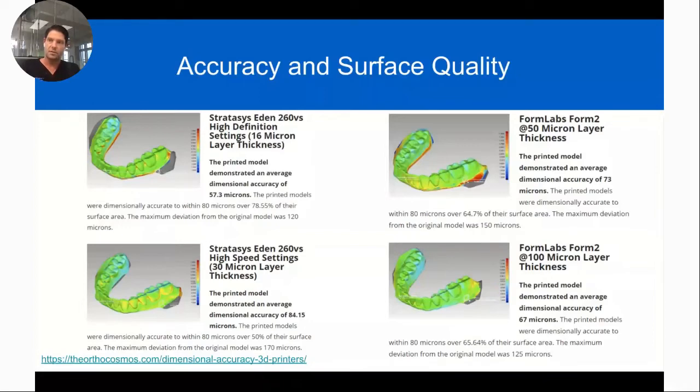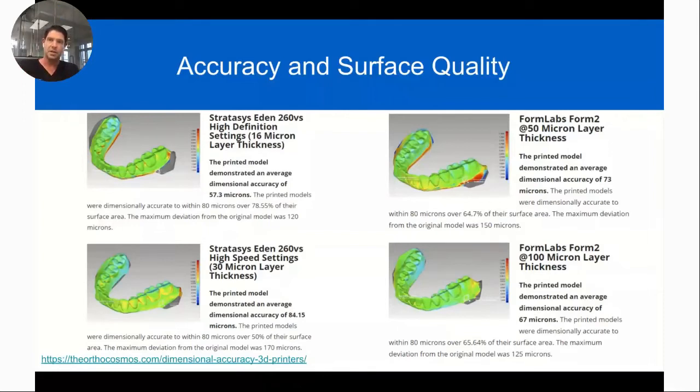So if you're off, let's say 200 microns at the molars, then that's going to affect how the teeth are going to interdigitate, how they're going to fit together, whether or not they're going to have a heavy contact or not based on what you've planned.